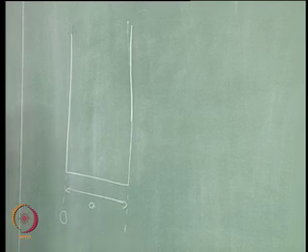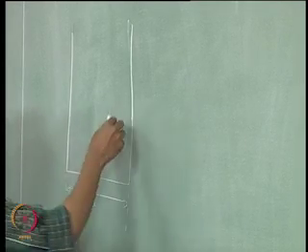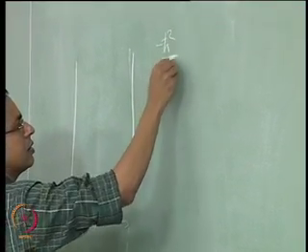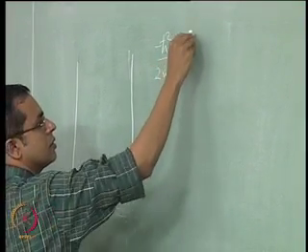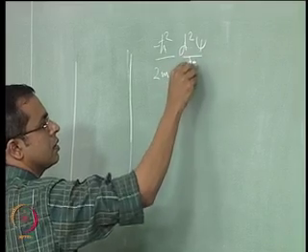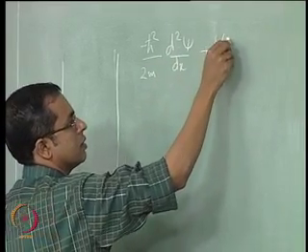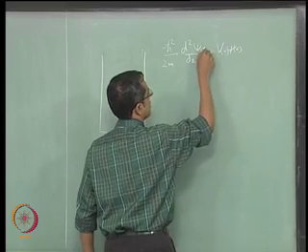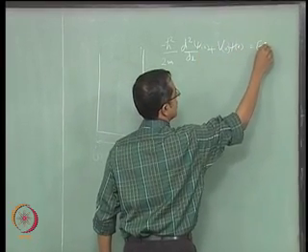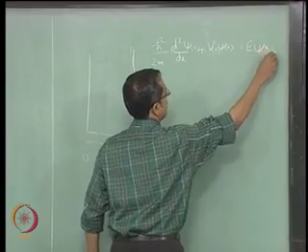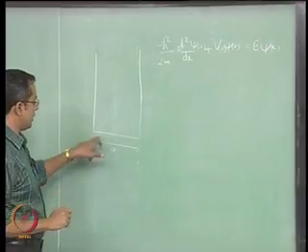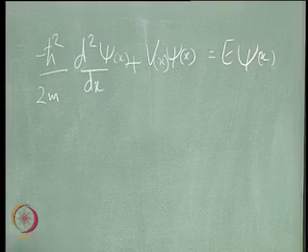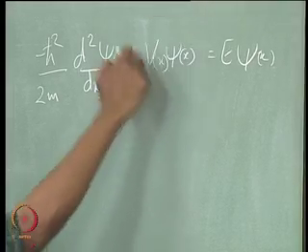When we solved the Schrodinger wave equation, we recognized that in this problem the potential is 0 within this well, and then it is infinite on either side of the well, therefore the electron cannot come out. So, since this is 0, this term reduces to 0.